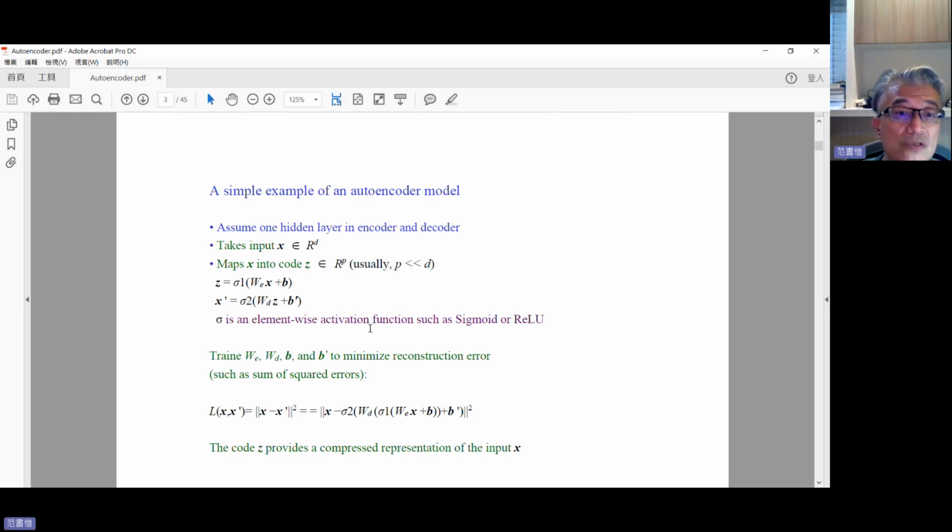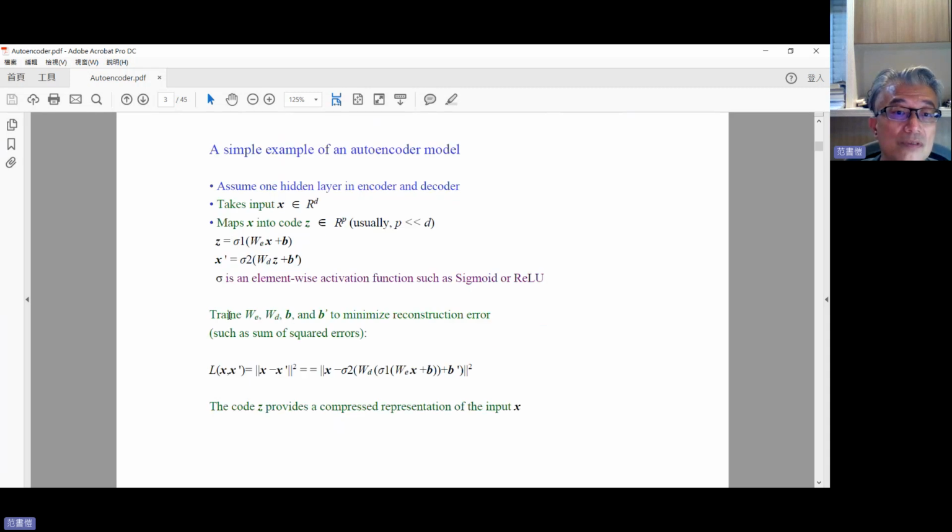Then we train. Train the parameter W in the encoder and also the parameter in the decoder.